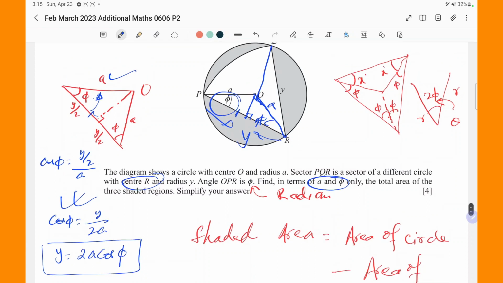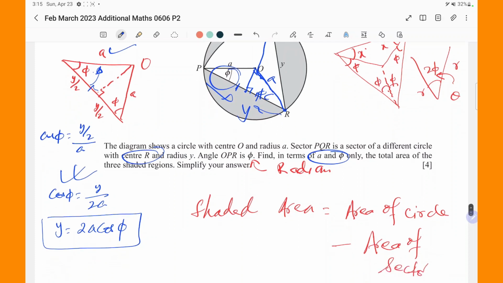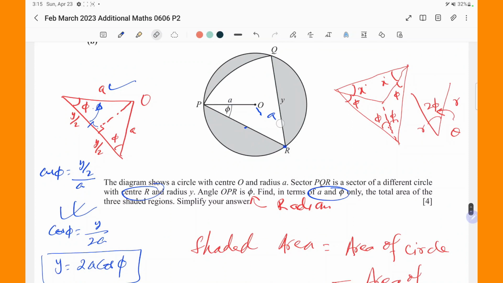Okay. So I got y finally. So one more time, cos phi is y over 2 and over A. So y over 2A. So y is 2A cos phi. That's fine. So now I have this. I have finally this radius 2A cos phi, which is in terms of A and phi.